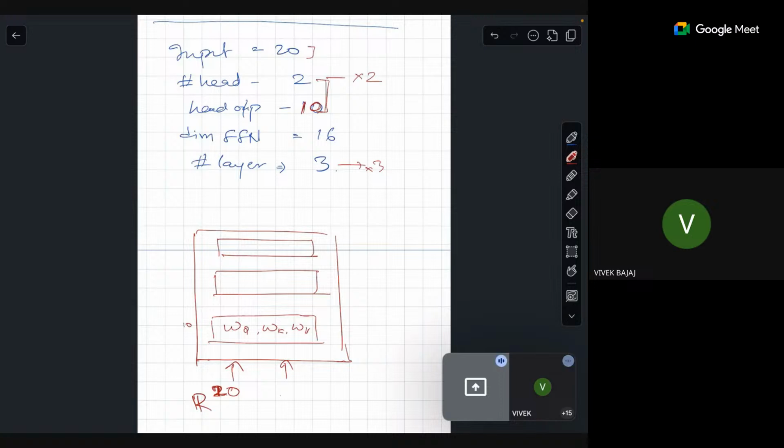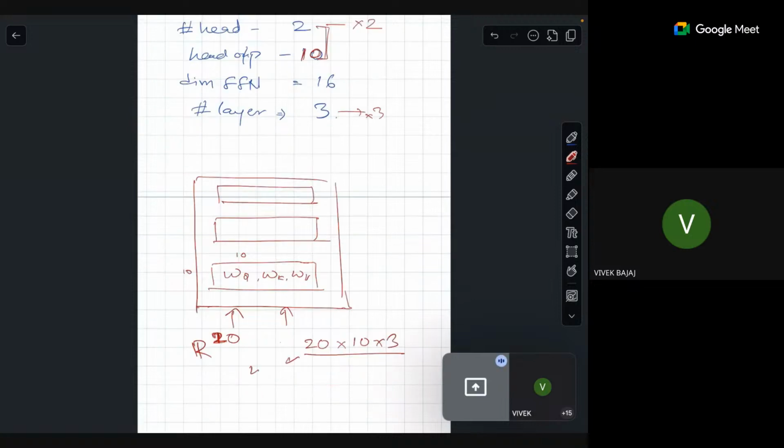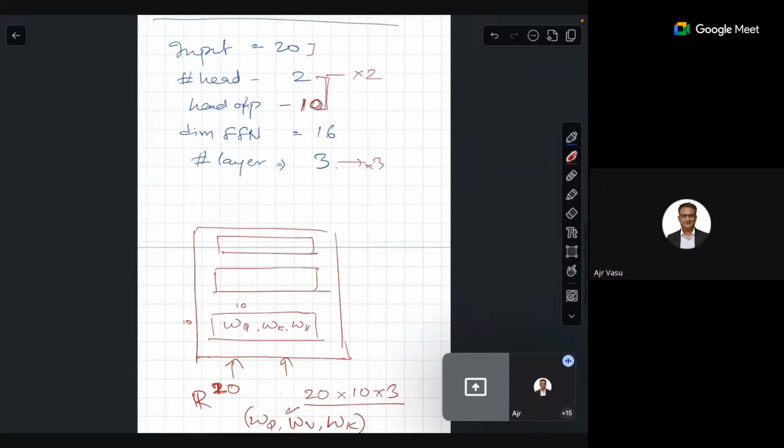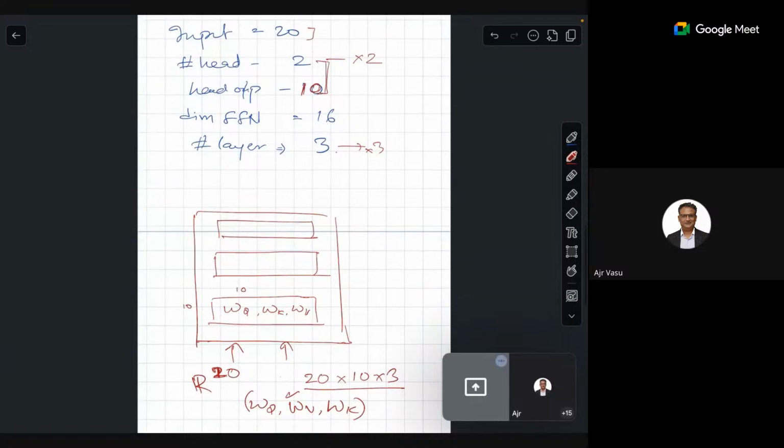The head output is 10, so I would say this is 20 cross 10 cross 3, for each layer. This is taking care of WQ, WK, WV for a single head. Can we all agree on this? Yes, 2 into 10 adds up to 20, that is a neat one, but it has to add up to the final output. Yes, this is clear, sir. Go ahead, please.